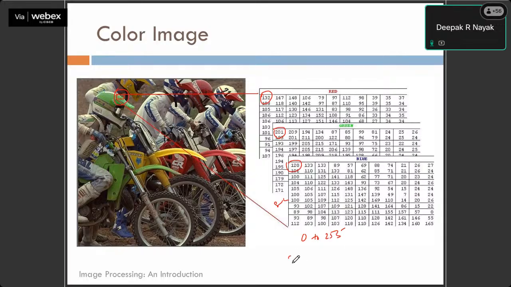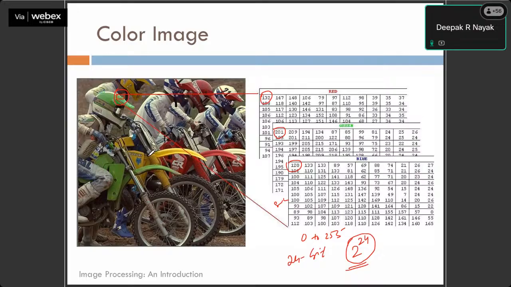In total, it is a 24-bit image. And the number of colors possible in this case is 2 to the power 24. The values will be from 0 to 2 to the power 24 minus 1, but the number of colors possible is 2 to the power 24, which is a large number. I think this number of colors is sufficient to represent any object across the globe.